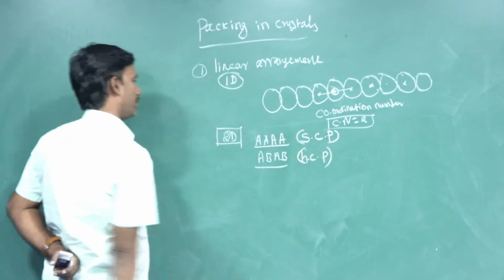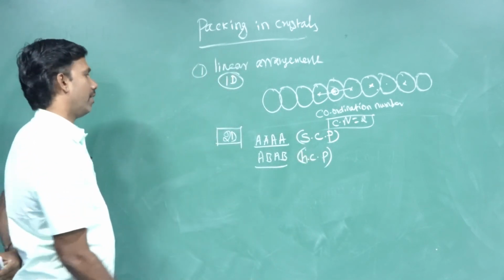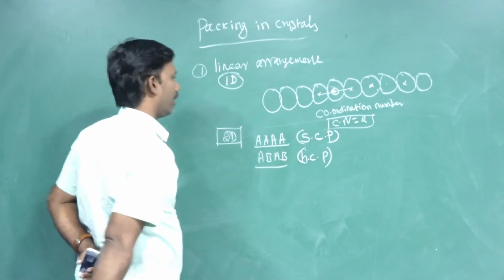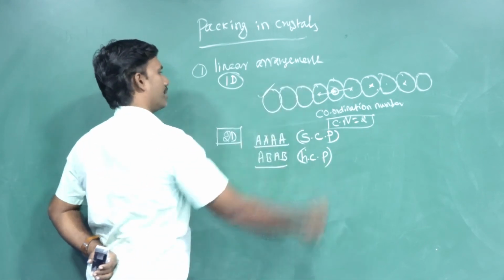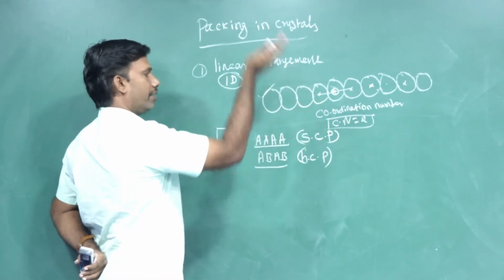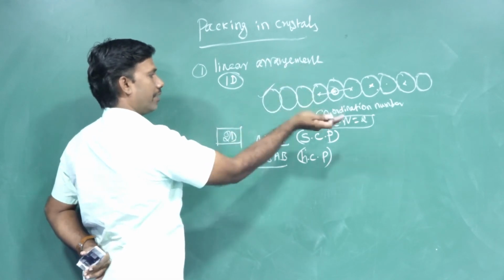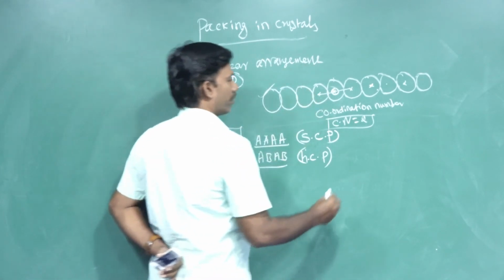This is square close packing and hexagonal close packing. What is SCP or AA arrangement? See, this is a linear arrangement. One by one, the linear arrangements are repeatedly arranged. That is called an AA arrangement.